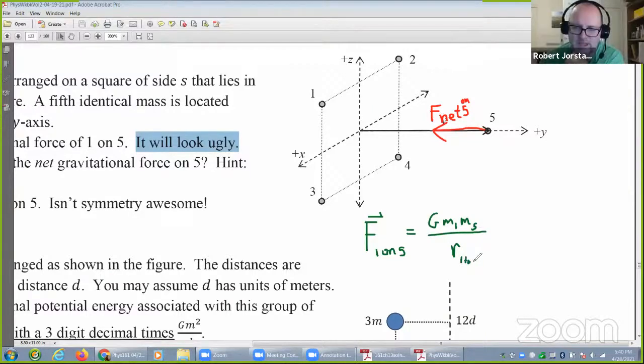That gets the force magnitude. Squared, yeah, squared. And then to the negative R hat 1 to 5. Okay, that's right. So now, what is R1 to 5 hat? The rest of it's probably not too bad, but how do we get that?